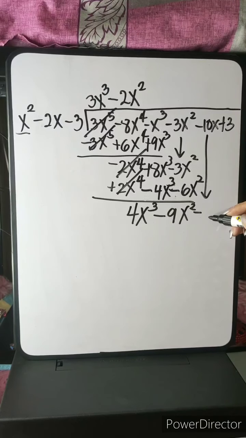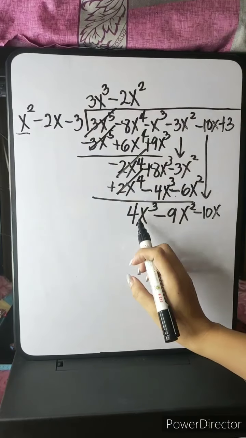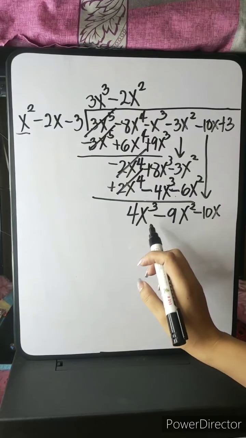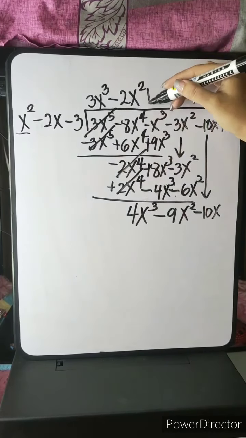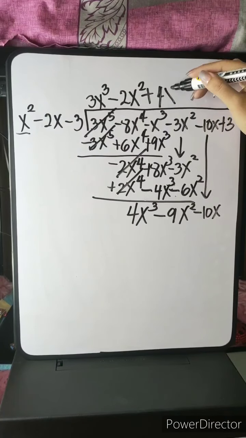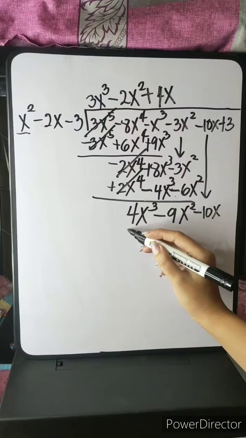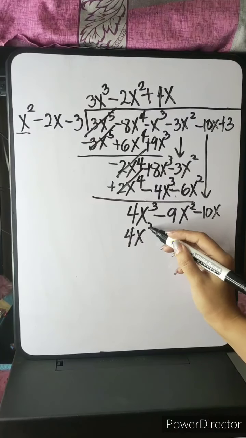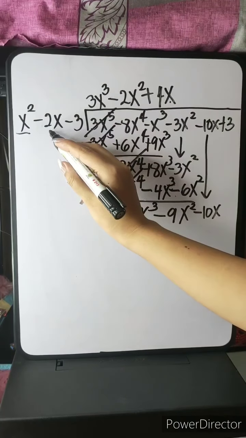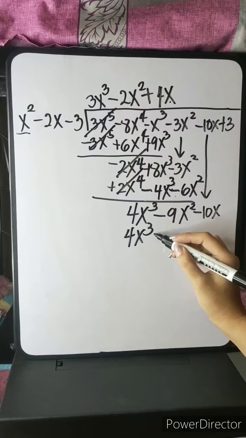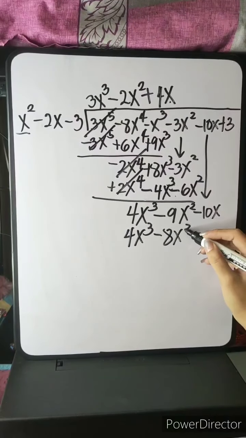Ito naman i-bring down natin ngayon, which is negative 10x. And then let's divide again using the first term. So 4x cubed divide x squared will give us positive 4x. And then multiply natin will give us 4x cubed. Multiply natin sa pangalawa, negative 8x squared.